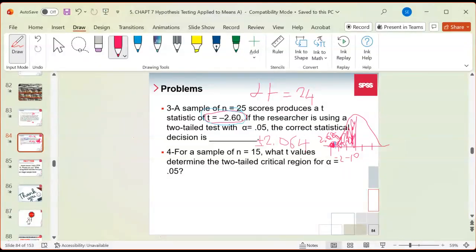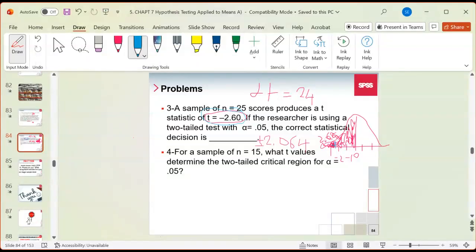So it falls in the tail because the greater is like this. Maybe I should use a different color. Hold on. So you can see it is inside, right?